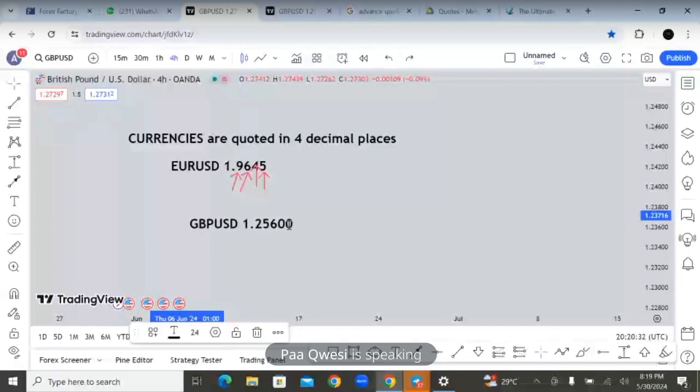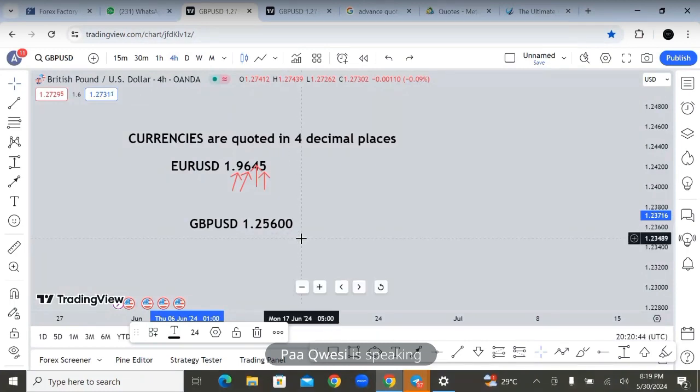We are going to concentrate on the fourth decimal place for our calculation if you are calculating pips in the forex market, with the exception of the yen.